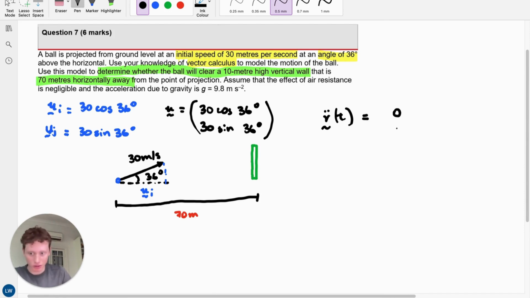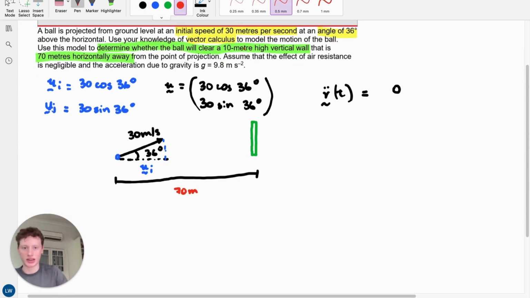And now this is up to you. You can do g. What I like to do at this stage is actually make a statement and say, let up and right be positive directions. So it's relative.